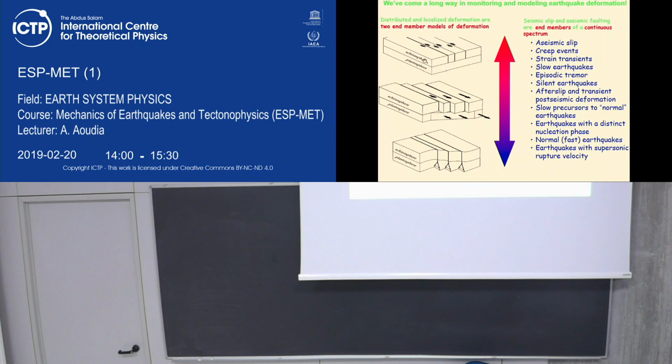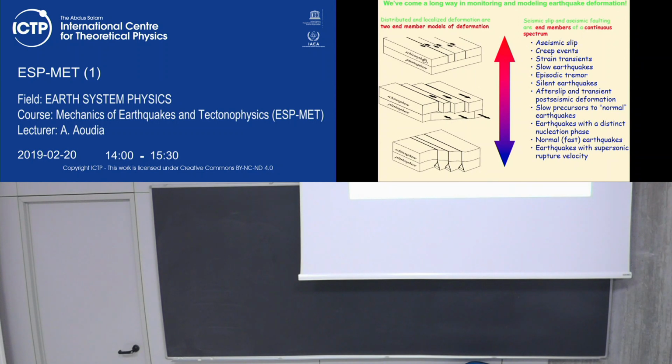This is what we call 80, 70, whatsoever, 85, but it's less than 90%, less than 100%. Then this is what we call a normal earthquake. It's when the rupture velocity of that earthquake is 80% of the shear wave velocity of the media in which the earthquake is traveling.